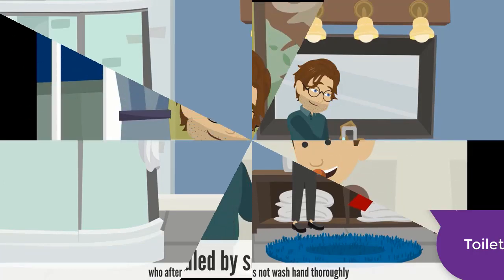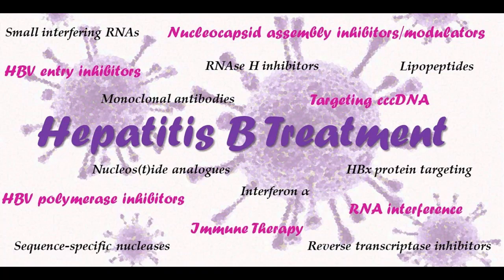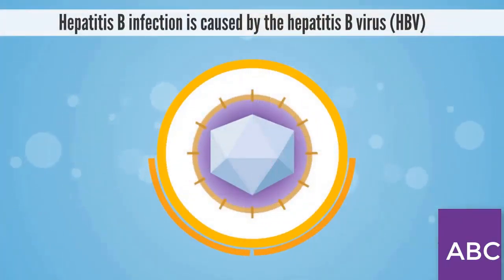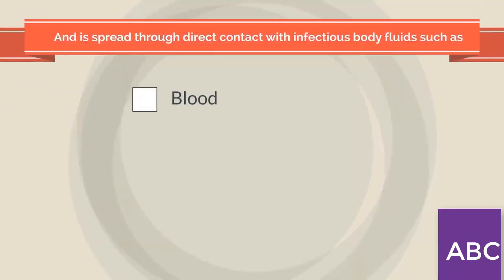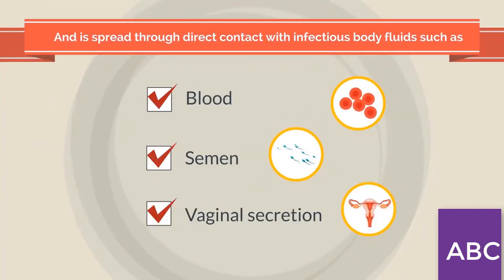Hepatitis B virus. I will be discussing hepatitis B virus, the treatment, the cause, and other things related to hepatitis B virus, also known as HBV. Hepatitis B infection is caused by the hepatitis B virus, and is spread through direct contact with infectious body fluid such as blood, semen, and vaginal secretion of an infected person.